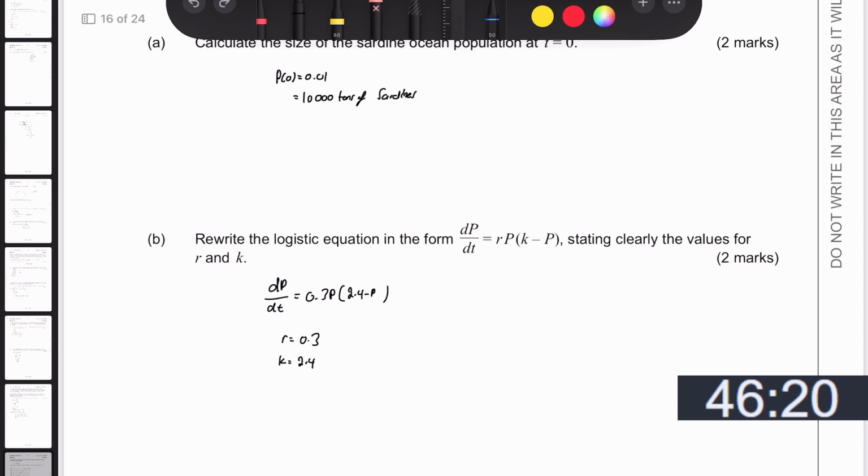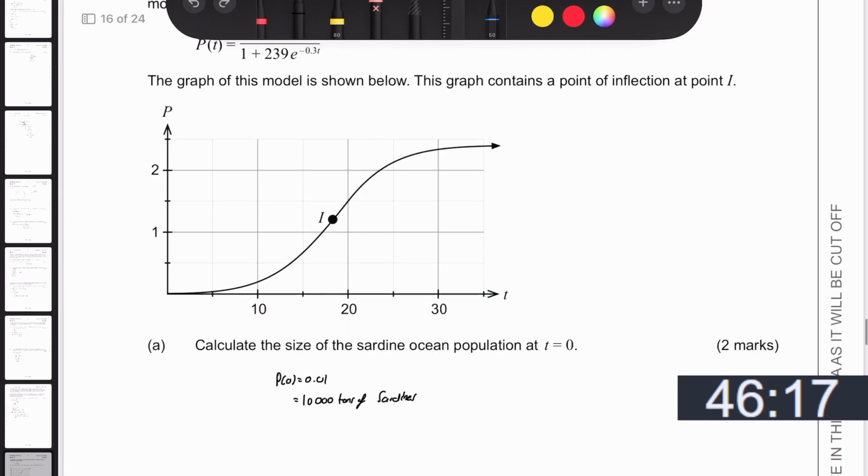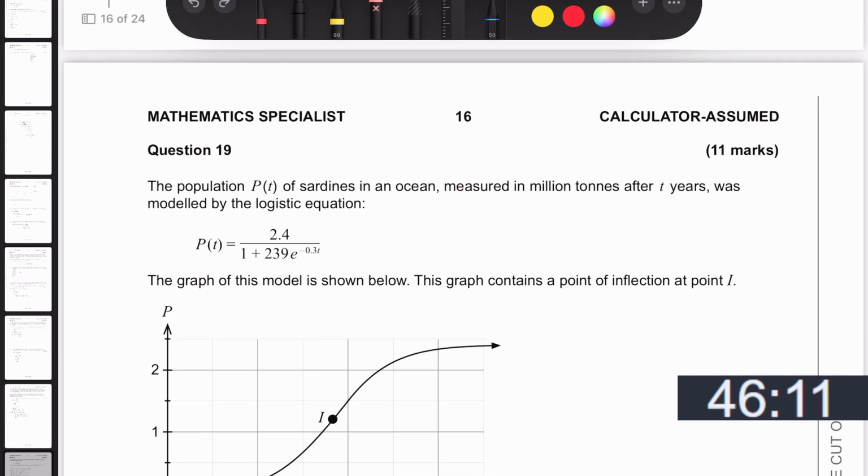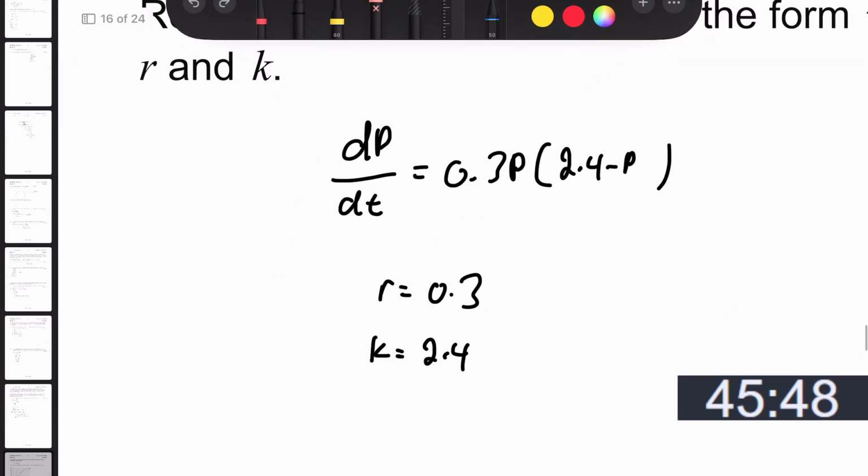So I should see a maximum. And it's 1.2. Yeah, okay. But is R just a negative 0.3? Here it says negative RKT. Negative 0.3, negative R of 2.4.